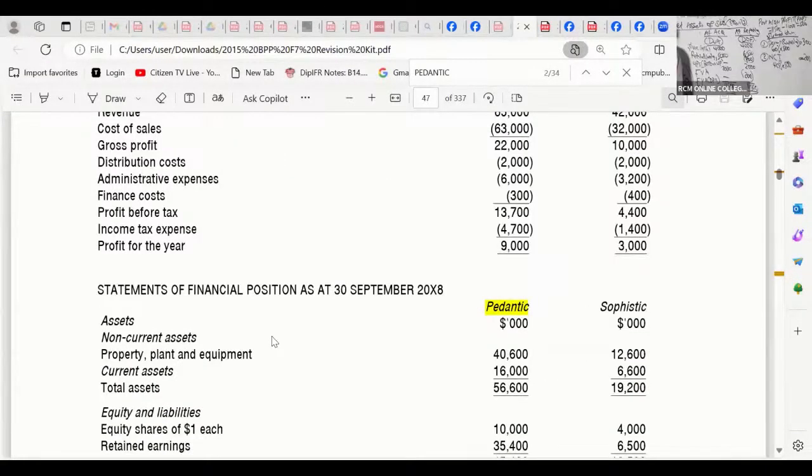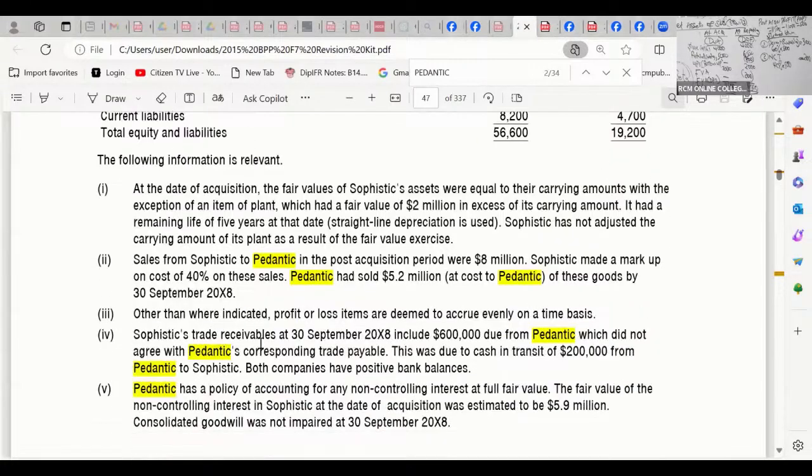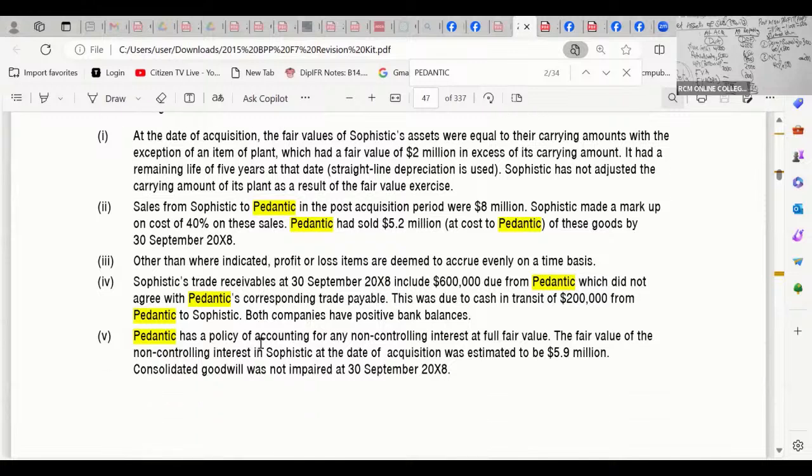So, ladies and gentlemen, what do we have here? In this case we have NCI. We're told here, Pedantic has a policy of accounting for any NCI at full fair value.